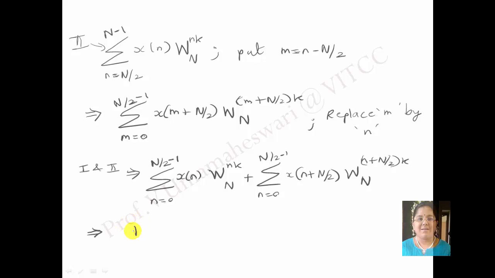The first term will remain as such. Now we have to do some simplification in the second term. So I am writing the second term alone. Again, n equals 0 to N by 2 minus 1.